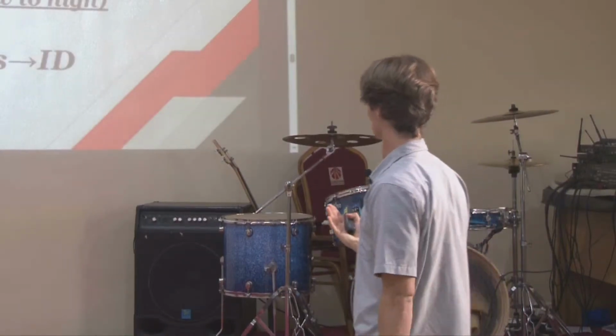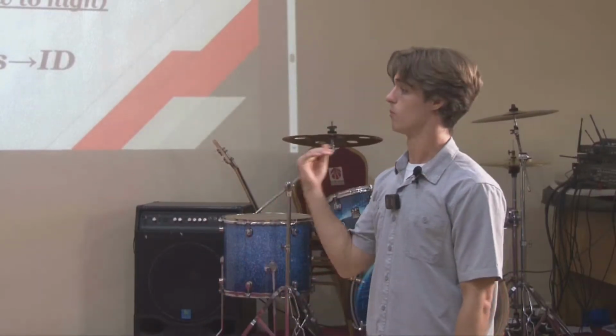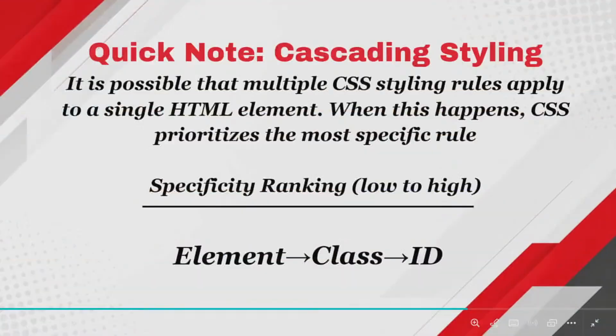And so I want to talk a little bit about cascading styling. This is a little bit complex, but sometimes you might have multiple rules that would apply to one thing. To give an example, if I have an H1 element that also has a class within the first tag, so it exists as an H1, but it also exists in that class, and then I have two rules in my CSS, a rule for the H1 and a rule for the class.